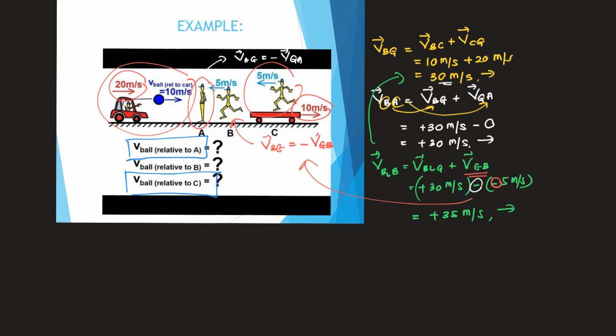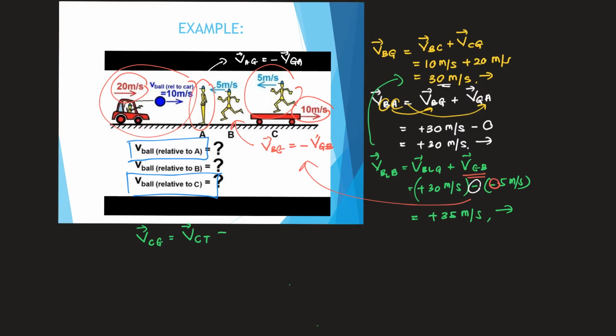So what we are going to do is find the velocity of person C with respect to ground first. How do we do that? We come up with the equation first. The velocity of person C relative to ground will be equal to the velocity of person C relative to the trolley, because person C runs 5 meters per second on top of the trolley that is moving to the right at 10 meters per second.